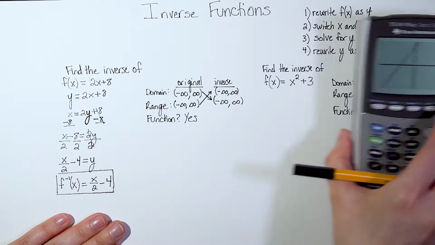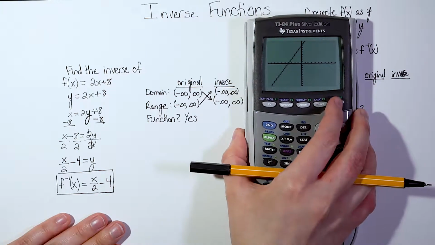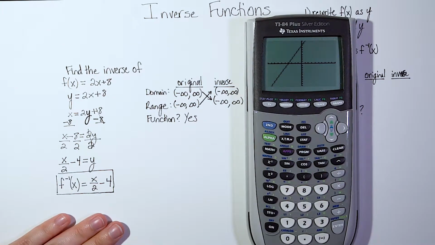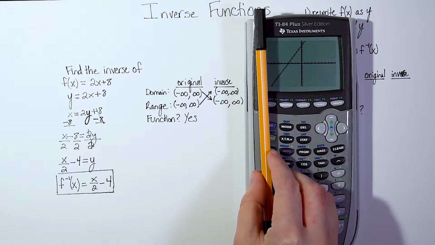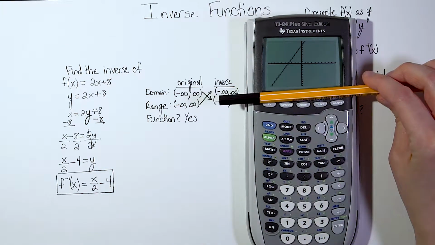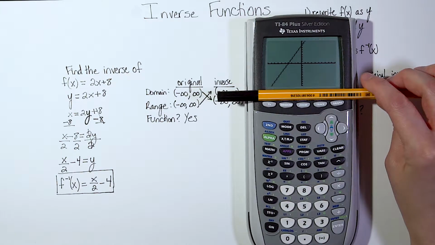And when we want to find out if the inverse is a function, without even having to graph it, there's a way to tell. And it is called the horizontal line test. So it's very similar to the vertical line test. It's just that instead of having a vertical line, we have a horizontal line. It follows the same parameters a vertical line test would.